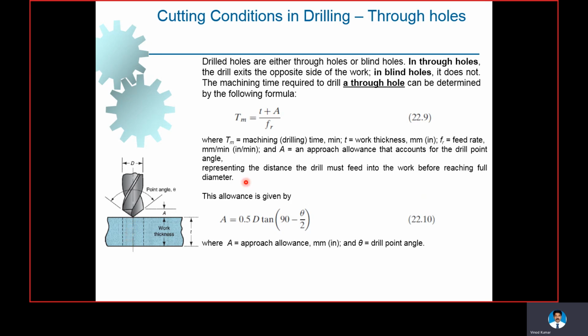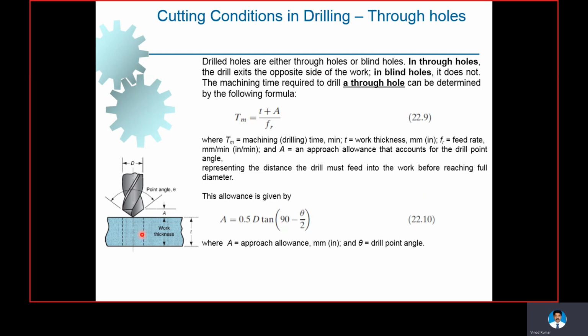That's why an additional amount of approach A has to be added to T to calculate the total distance or depth traveled by the drill bit. That's why it is T plus A divided by the velocity, which is the feed rate of the drill bit. Using this, we can calculate the time required for a drilling operation.